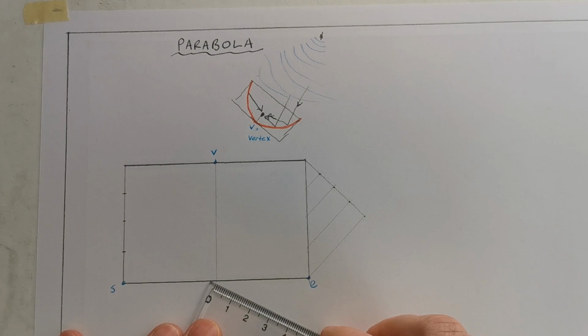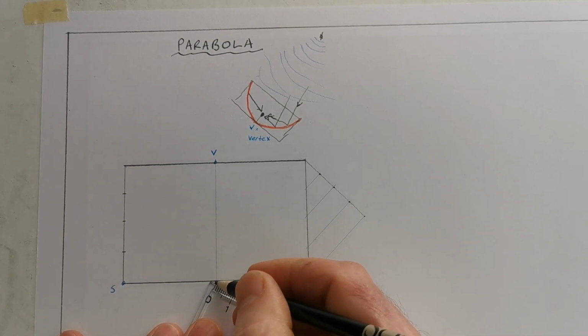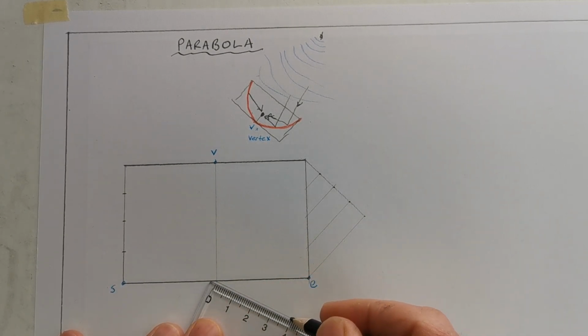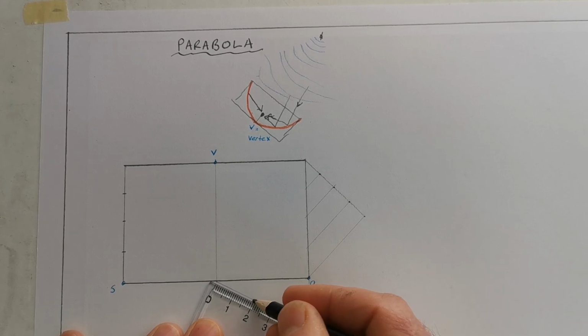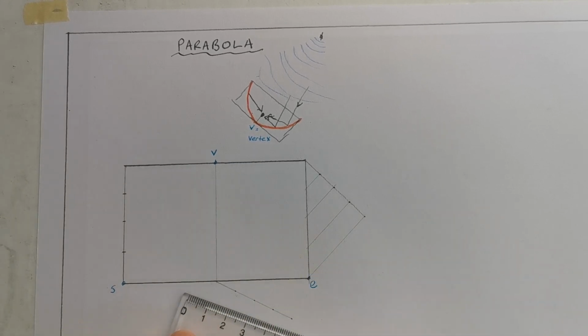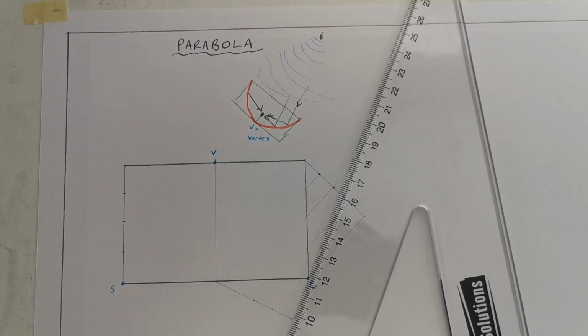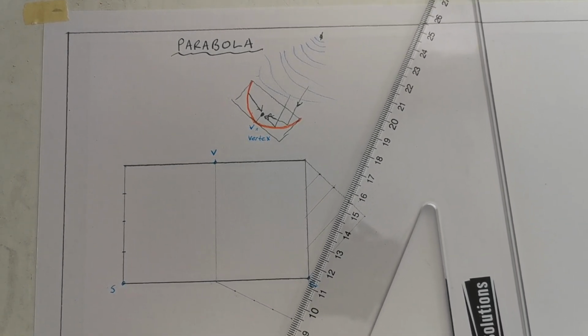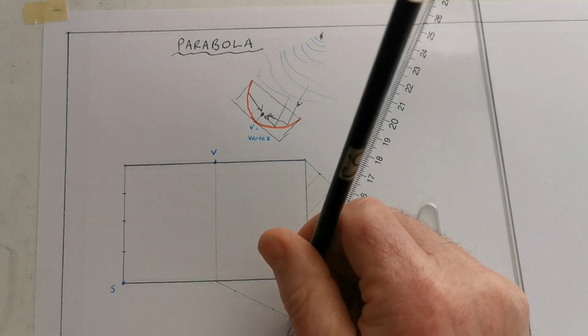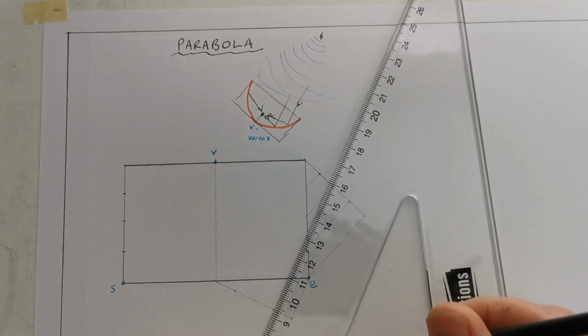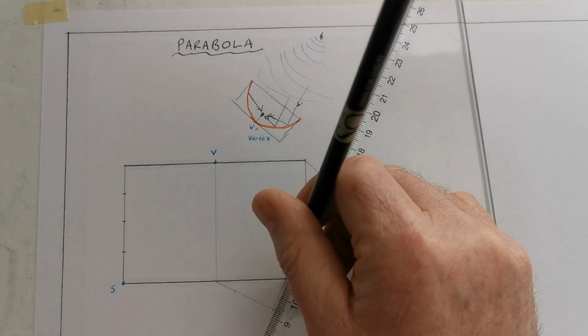So I'm going to break half of the width into 4. So step out 4 equal distances, join the end of the lines. So the fourth goes to the end of the line here. Join that up, and then we'll go parallel.